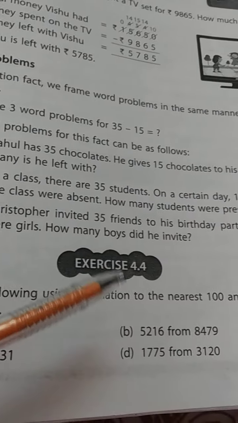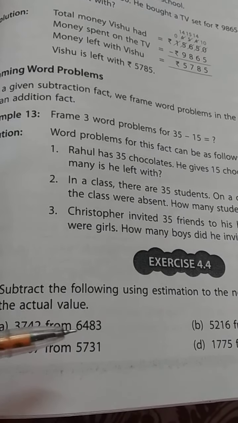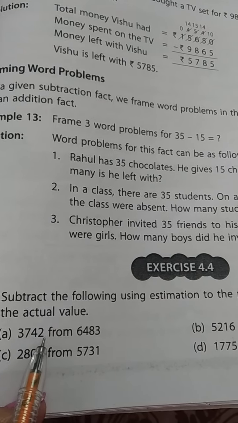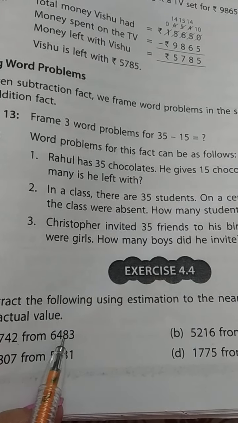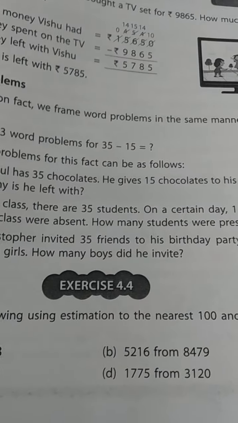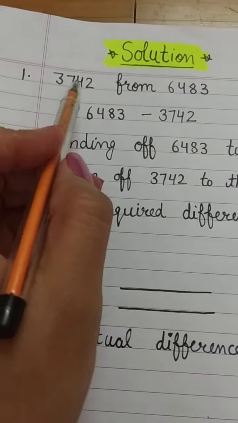Now we will do our exercise 4.4, question 1. Subtract the following using estimation to the nearest 100 and compare with the actual value. First part is 3742 from 6483. For the solution, first of all, we copy the question.